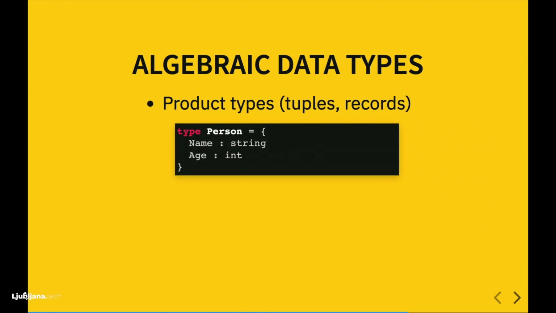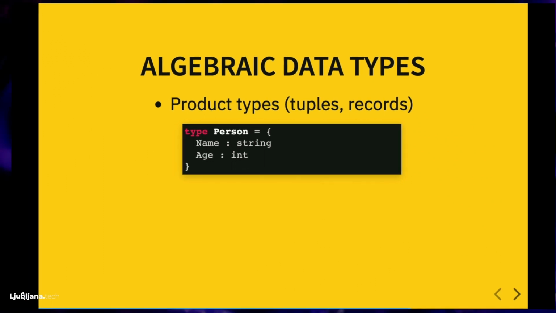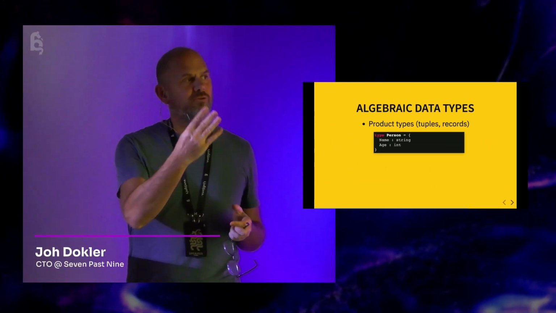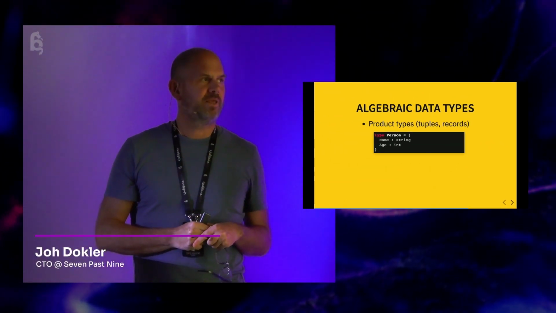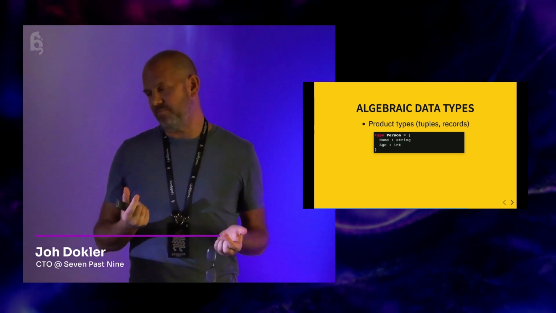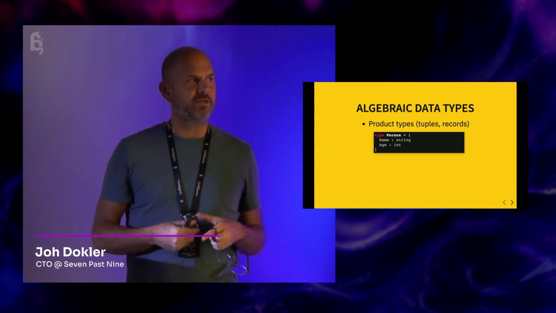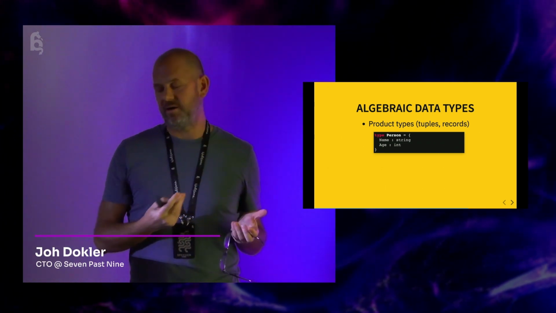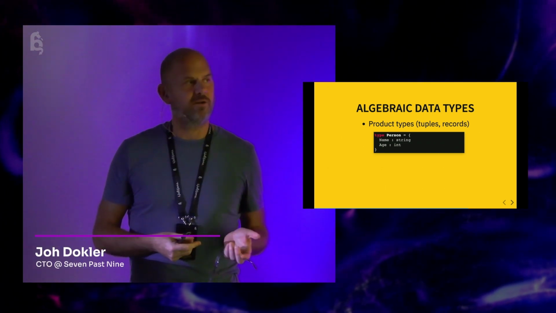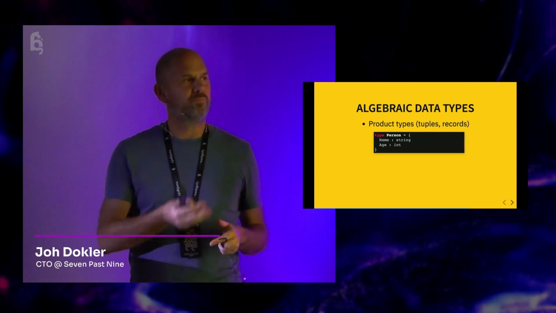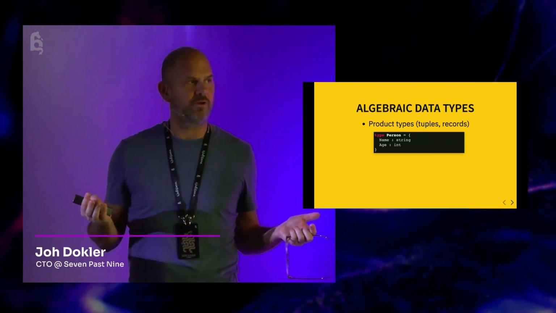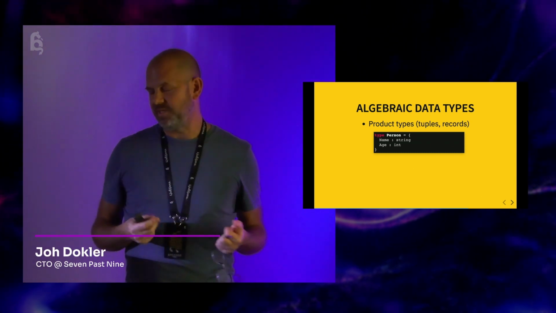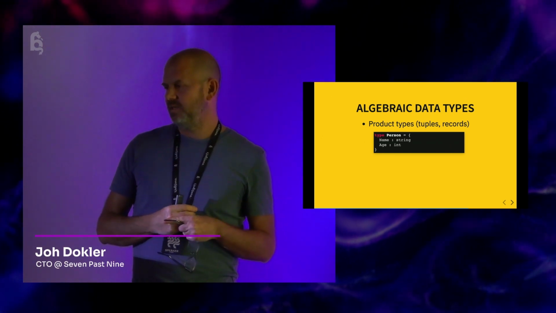In Python, this would be called dictionaries, namely records. And this is how you define them in F#. You say type, then the name of the type, and then you say what the fields are. In this particular case, we have a name field and an age field, right? Both of which have their own types. One is a string, and one is an integer.